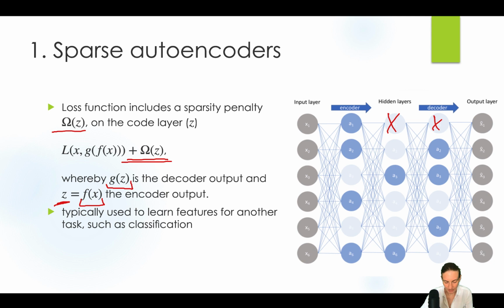So it typically learns latent features that will then be used for another task like classification. This is something that is often done using these autoencoders, not just the sparse autoencoders, but any autoencoder. We have our X original input. We learn our Z, and we can use that to reconstruct.